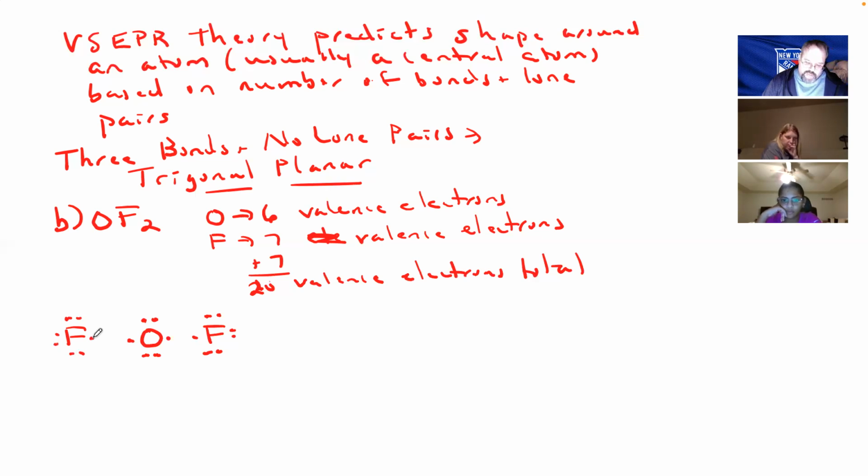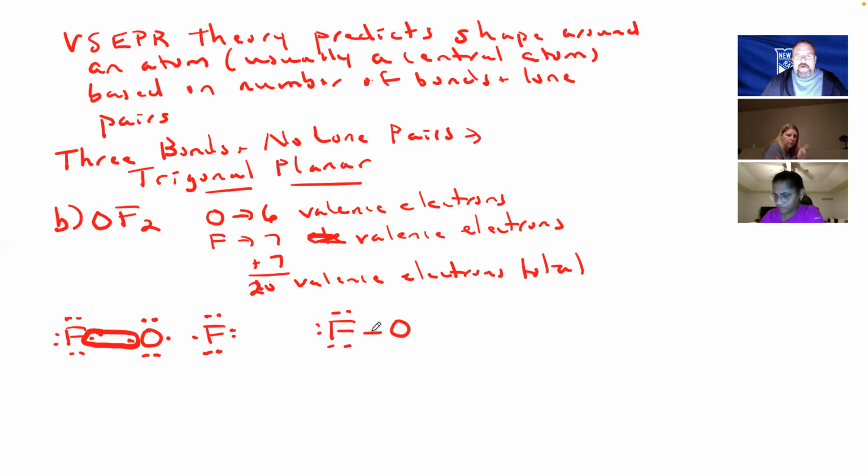Now the goal for each of these elements should be to get to 8, and in this case, they can all get to 8. Let's start with the outer atoms first. How would the fluorines get to 8? They would share one of their valence electrons with oxygen, and the oxygen would respond in kind. If they share 2 electrons between them, you get a single bond.